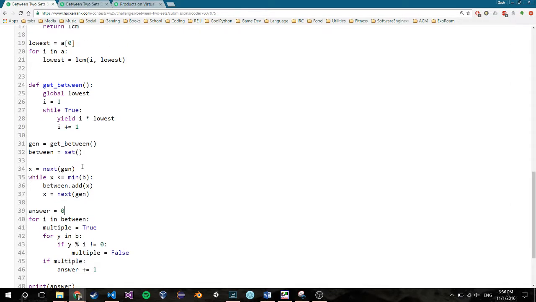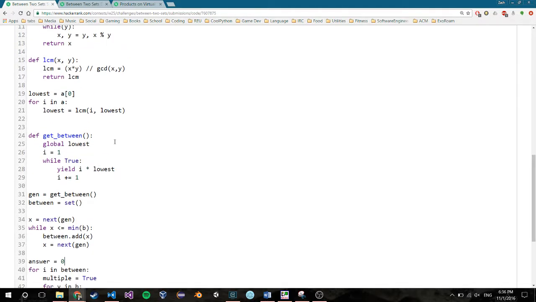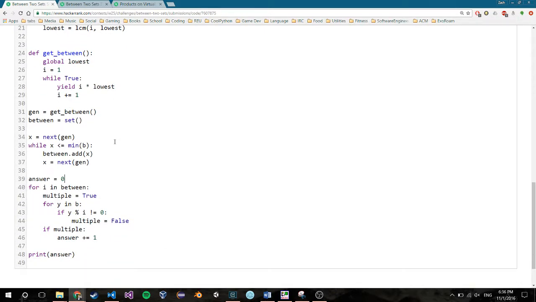I use a generator. That's why. I mean, I should get brownie points for that. You know, just saying. You got all the same multiples or generated numbers, didn't you?